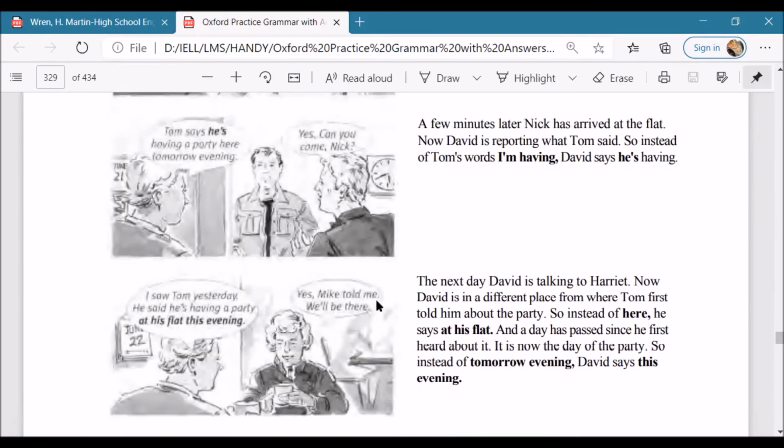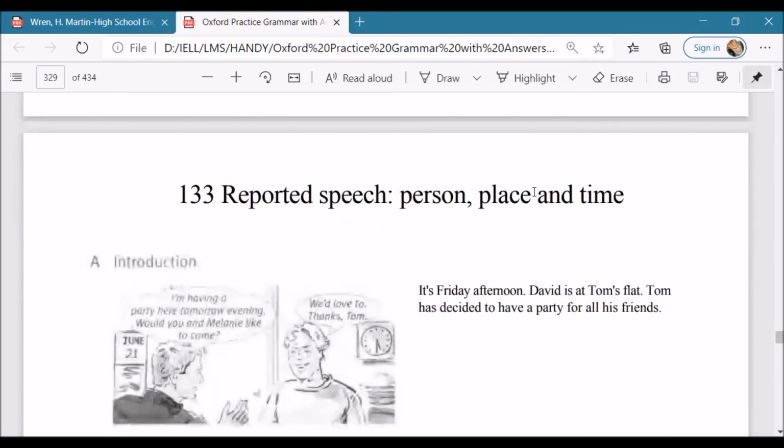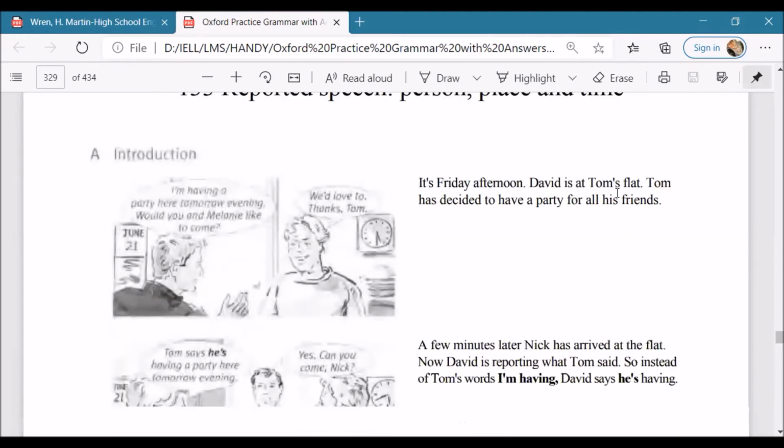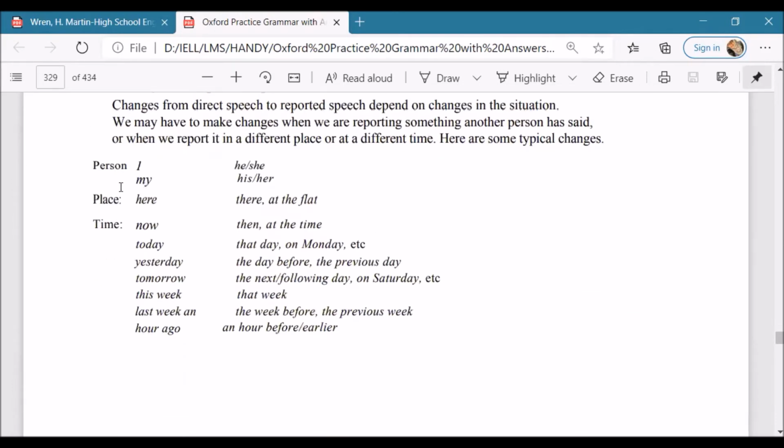Now I cannot tell you that you always have to use this evening or tomorrow evening. That would vary depending on whether you are reporting on the same day, the next day, or a few days later. So this is how you change person, place, and time accordingly. Usually these are the changes in pronouns of persons and in place, here becoming there or that place, depending on the context.